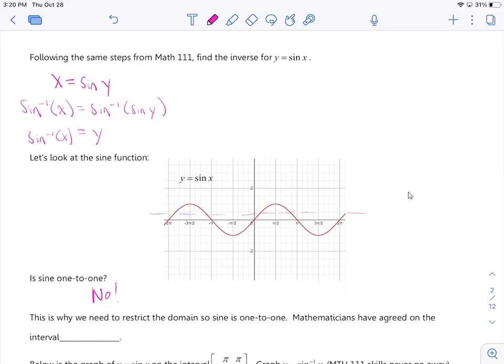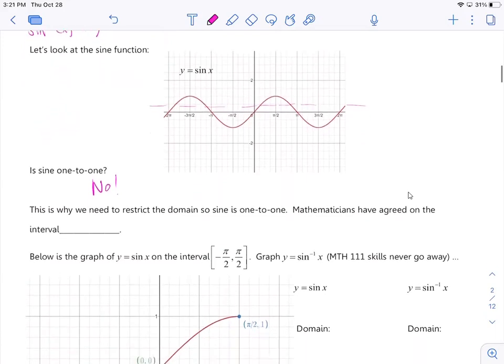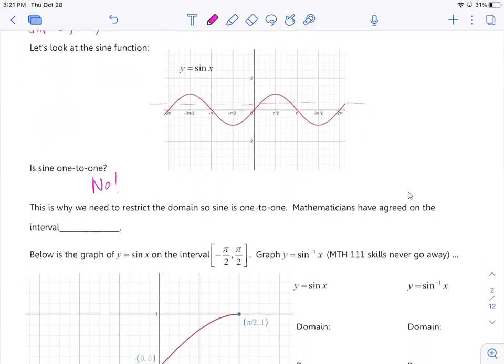And because we don't want to have all these different parts we're looking at in the graph, mathematicians have agreed on a certain interval. Now we want to choose an interval where we'll hit every key point. Now remember, because sine is periodic, it repeats itself. But we have to hit every single point. So that is why they decided to look from negative pi over 2 to pi over 2.